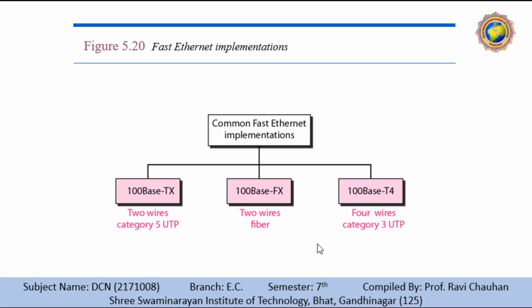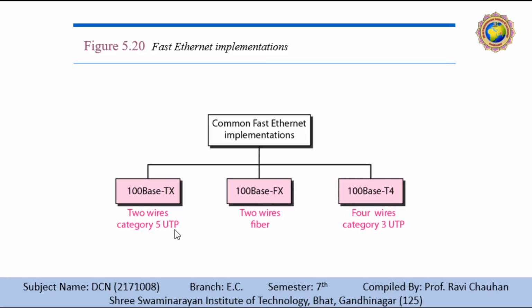The four-wire implementation is designed only for category 3 UTP, called 100Base-T4. You can see the classification of Fast Ethernet implementation. Over here there are two-wire cables, one fiber optic and another UTP, and the four-wire cable uses category 3 UTP.